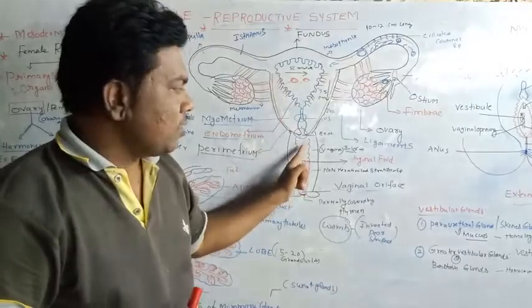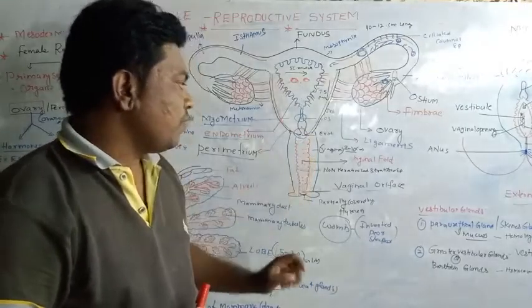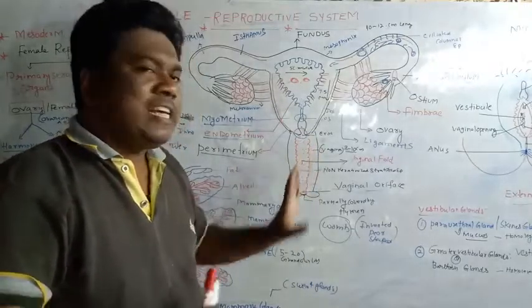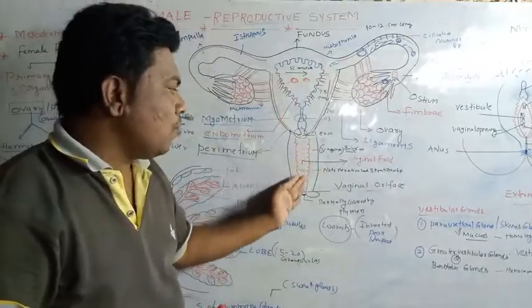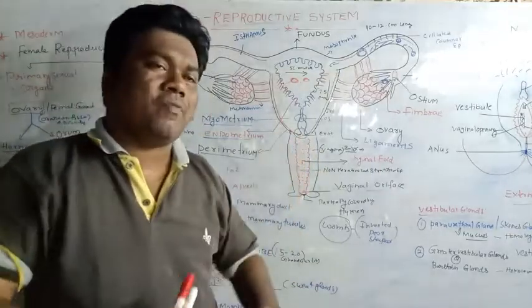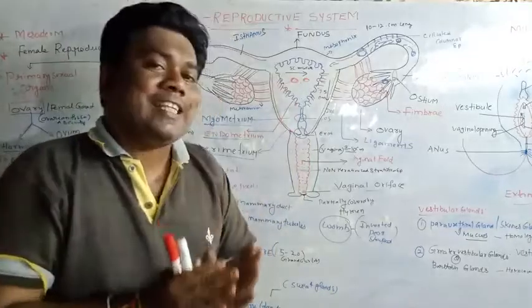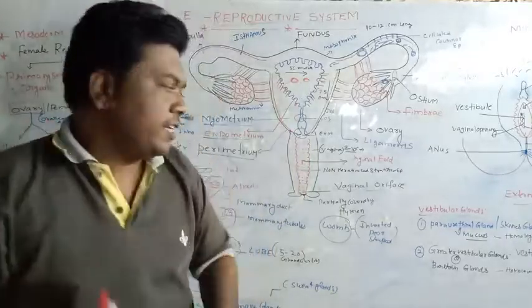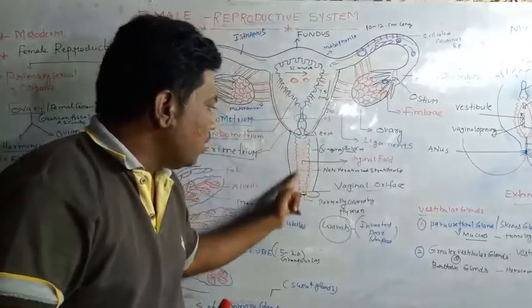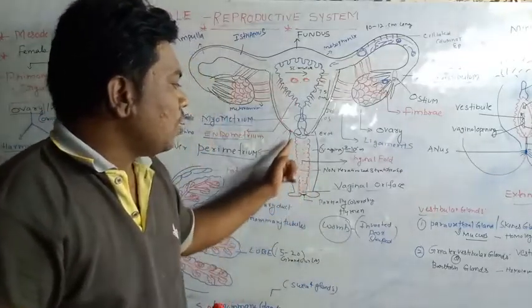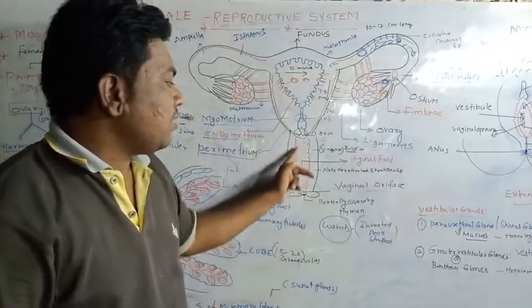The inner side of the vagina has folds, called vaginal folds, and this inner layer has a specialized epithelium called non-keratinized stratified epithelium.